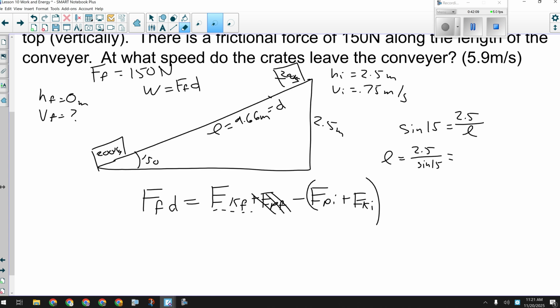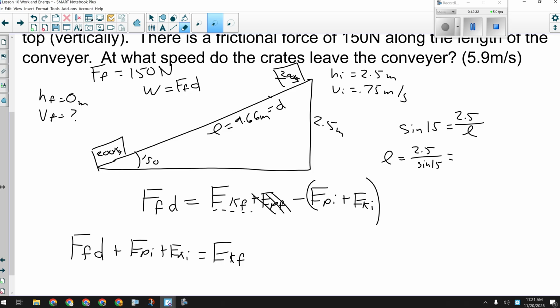Just like I did in the first question. I'm going to add the initial energy to the work. So I'm going to have the force of friction times distance, the work, plus the initial energy. So that'll be EP initial plus EK initial. That's going to equal the final energy, which in this case is all kinetic.